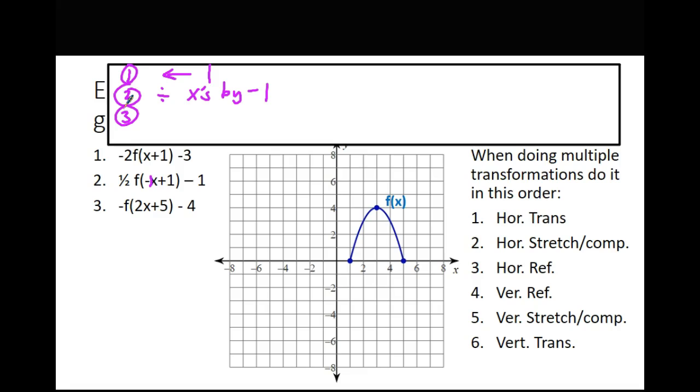You multiply it by the y value. That's right. So you multiply your y's by a half. Okay? And the last number I pay attention to is this. What does that do? It goes down 1.